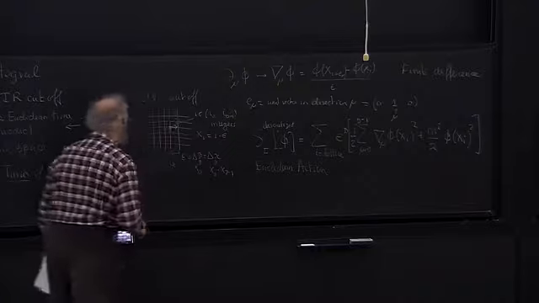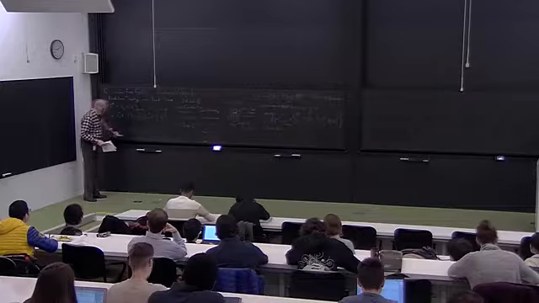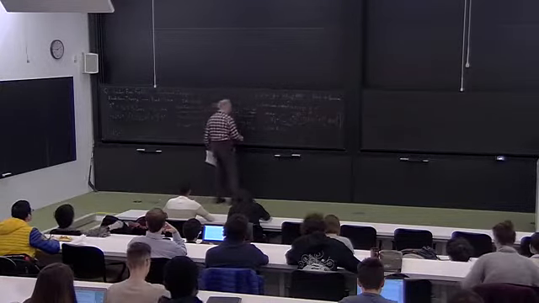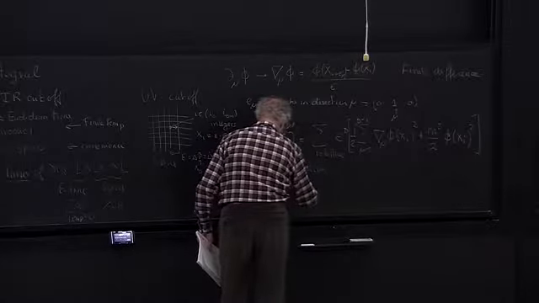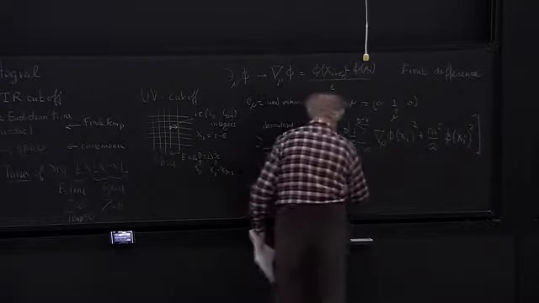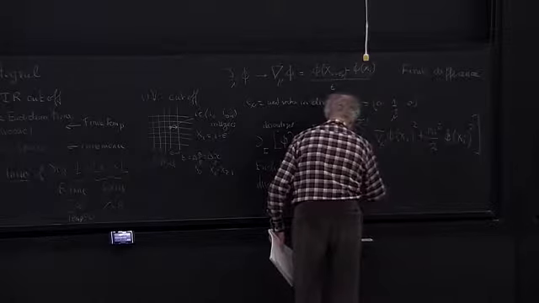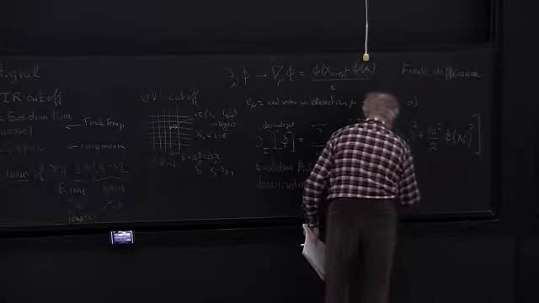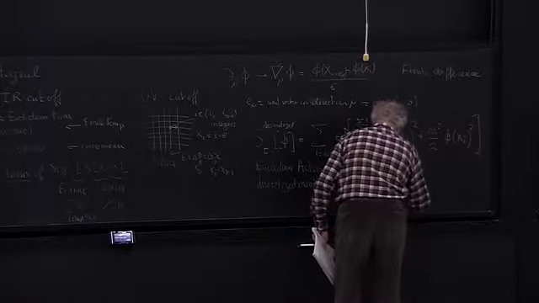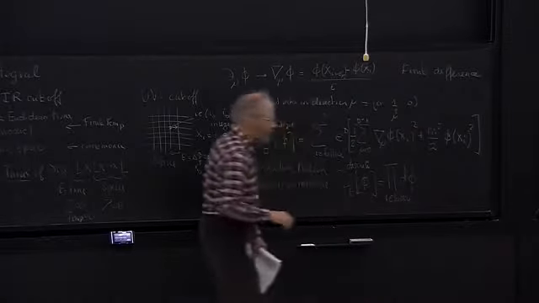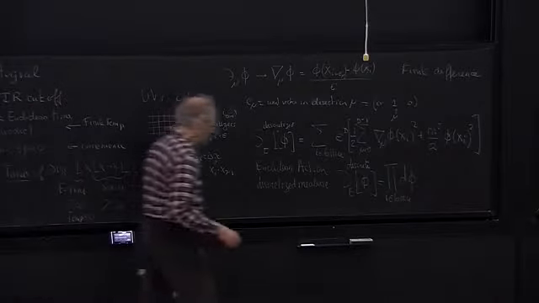And if we follow the rule that we did for the particles, the discretized measure d mu of phi discrete is just a product over all the sites on the lattice, of course, of the standard flat measure of the real variable phi, so d phi of x_i.